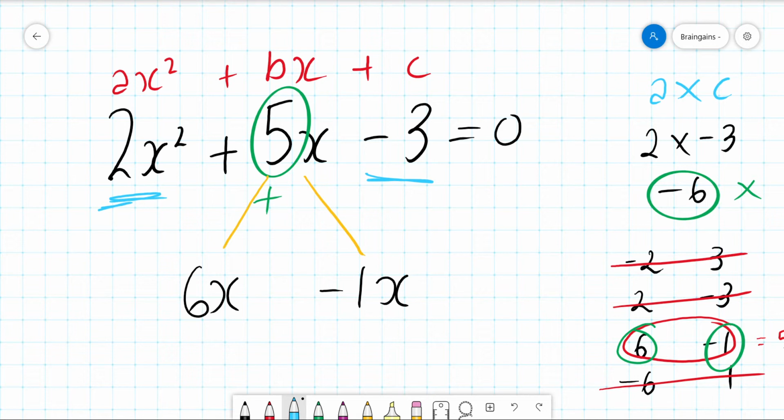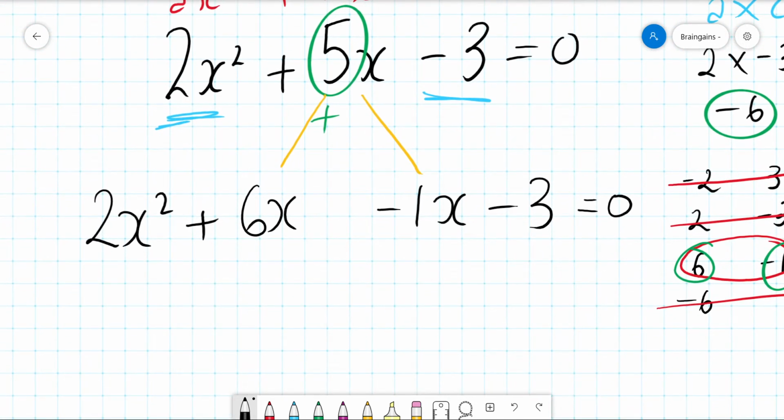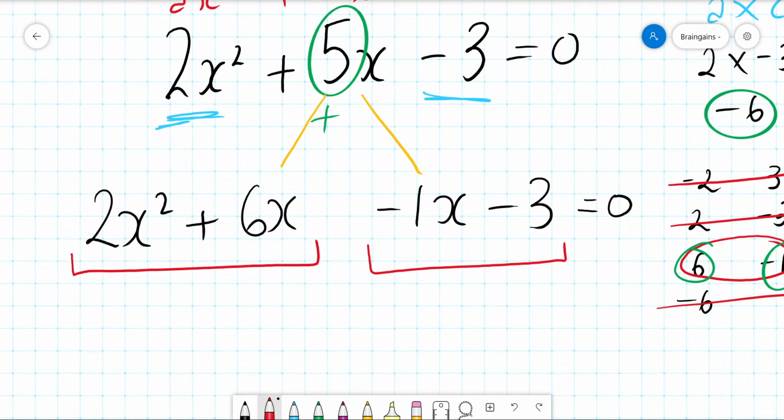All we've done is split the 5x up. So the 2x squared stays here and the -3 stays as well. Now, what we're going to do is look at the first part and this part separately, and we're going to factorize them independently.